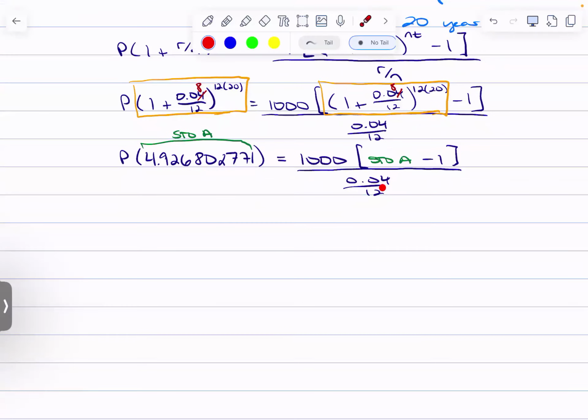And then I'm gonna divide by 0.04 divided by 12. As long as you use brackets, you should be safe, right? If you throw some brackets around here, you can put them right into your calculator. And that way you'll ensure that you're keeping all your decimal places. Alternatively, you could store 0.04 divided by 12 in your calculator.